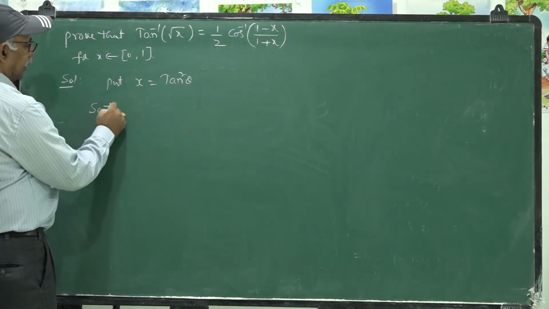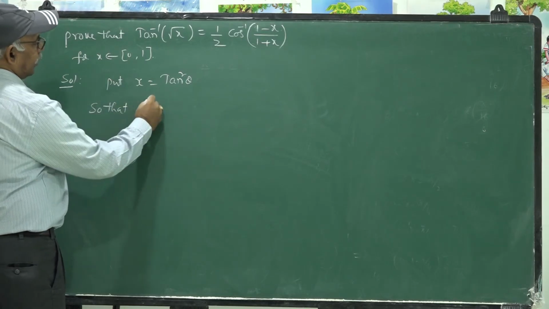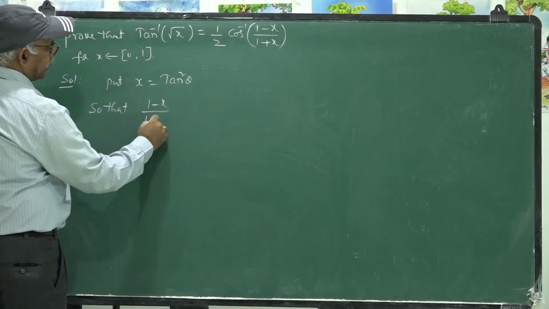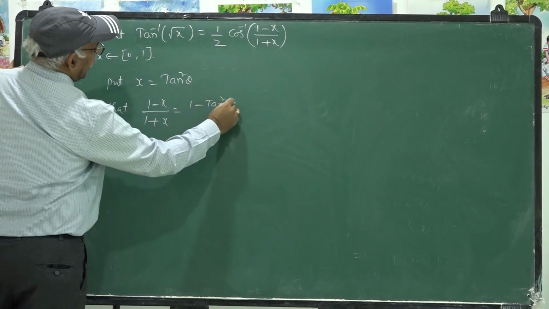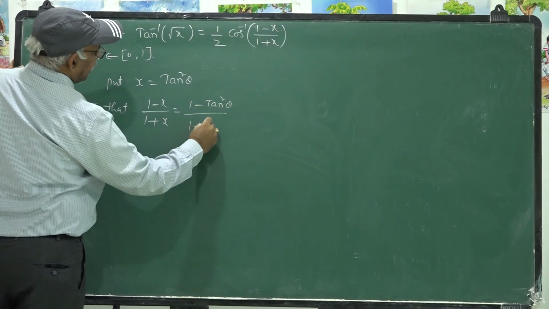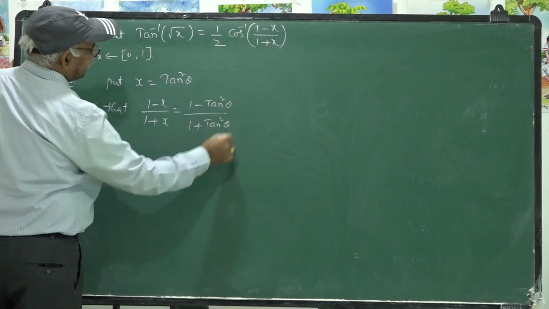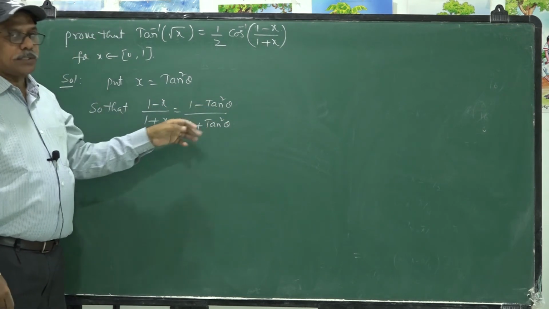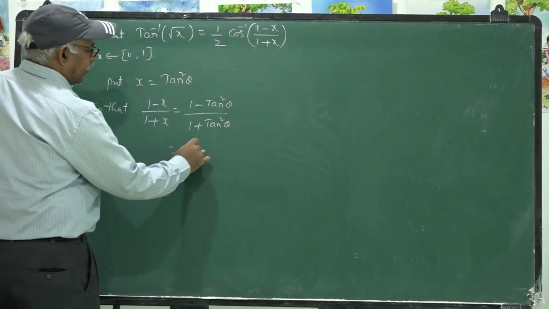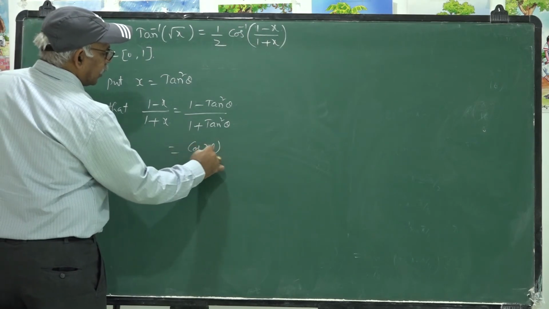So that 1 minus x by 1 plus x becomes, by this substitution, 1 minus tan square theta by 1 plus tan square theta. By trigonometric formulas, we know that this is cos 2 theta.